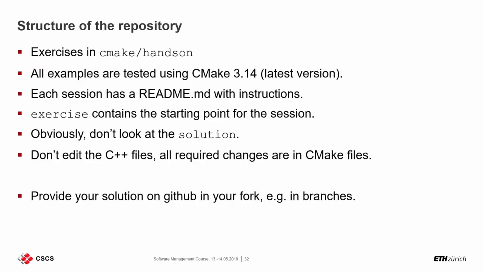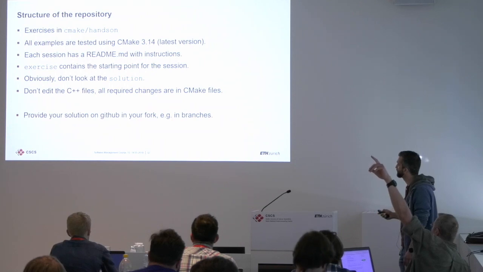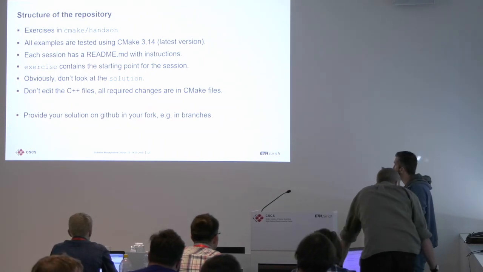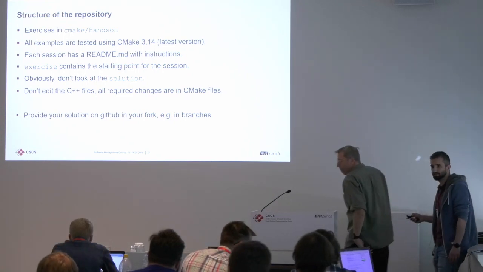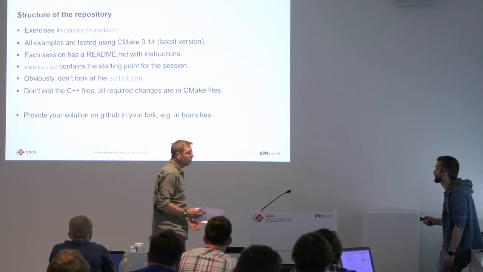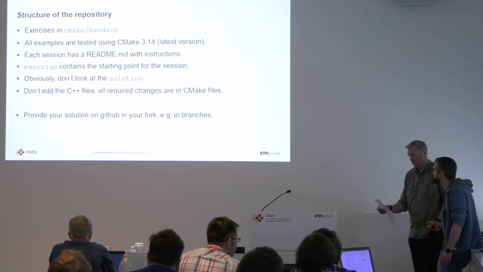The structure of the repository for this part of the lecture is in CMake hands-on. As I said, all examples are tested with the latest versions. There are 4 folders in there, session 1 to 4, and each has a readme.md with the instructions on what to do.